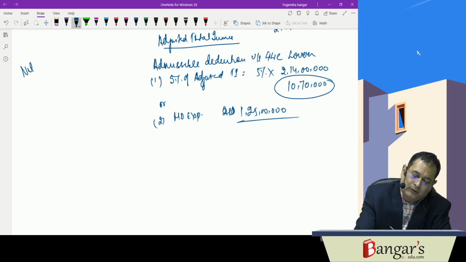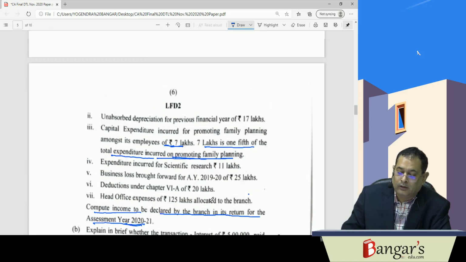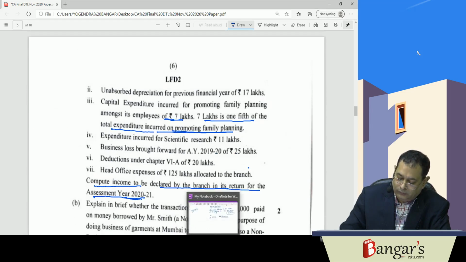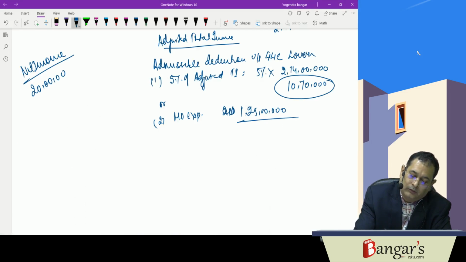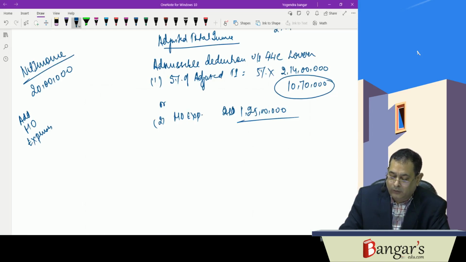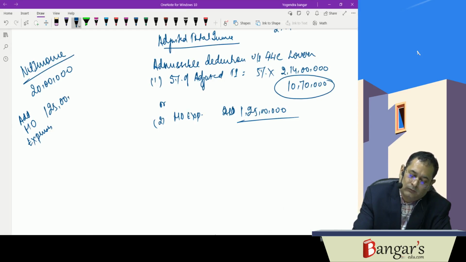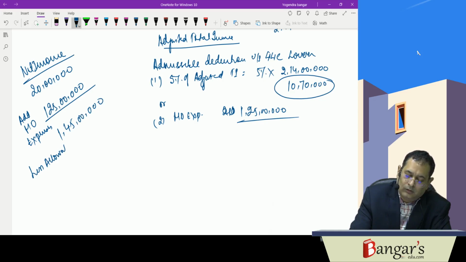So what is your net income? The net income as stated is 20 lakh rupees. Add HO expense. How much HO expense is there? 125 lakhs allocated to the branch. So this works out to 1 crore 45 lakhs, less the allowable deduction under section 44C, which is 10 lakh 70,000.